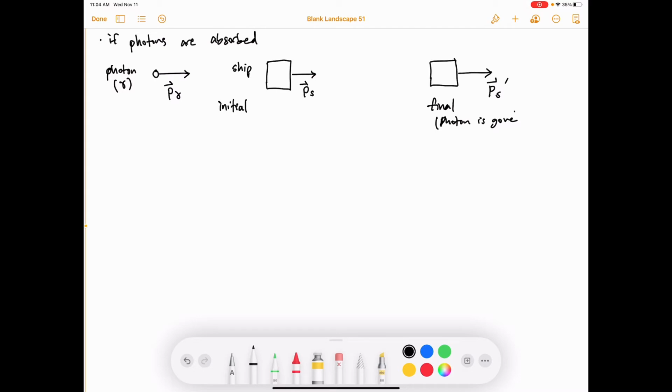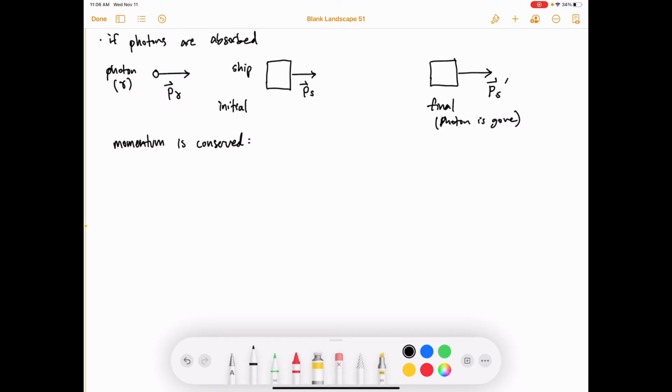It's been absorbed. And so if we assume that momentum is conserved in this process, that means the total momentum of the photon and the ship in the initial state equals the final momentum of the ship after the photon gets absorbed.